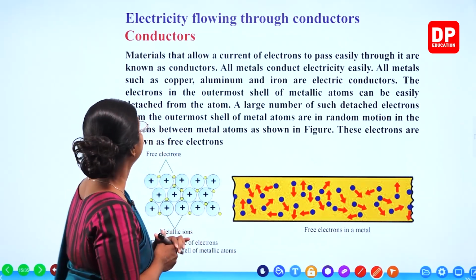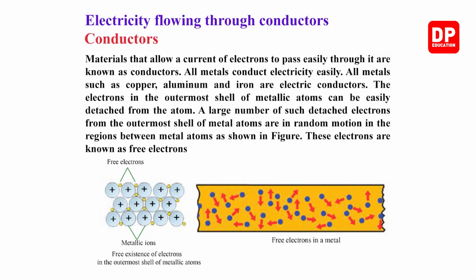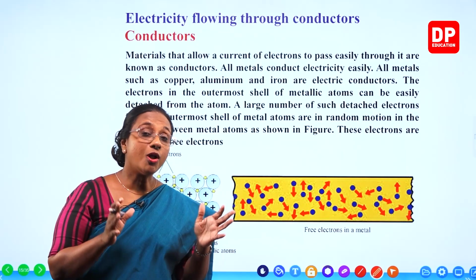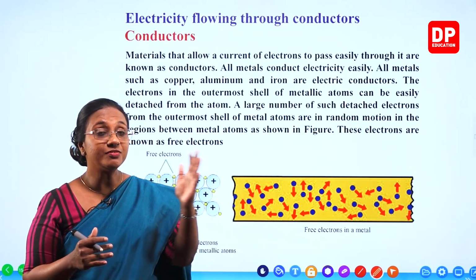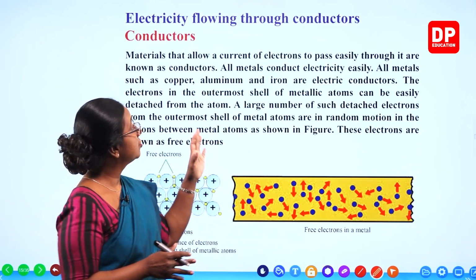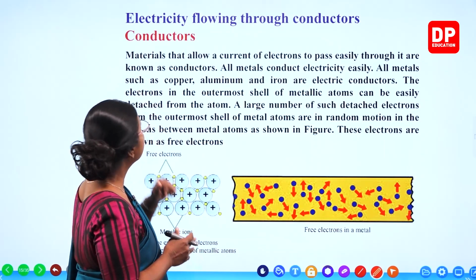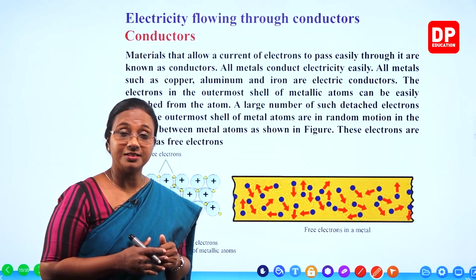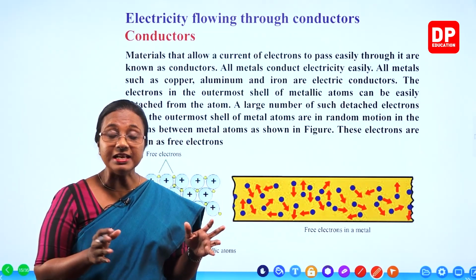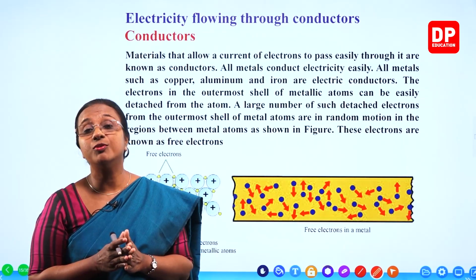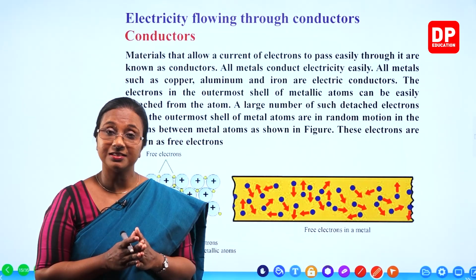So in this chapter, we will consider electricity flowing through conductors. You all know what current electricity is: charges flowing through a conductor. So we need to discuss a little bit about conductors, which is also familiar to you. Any material that allows current to flow through it is a conductor.